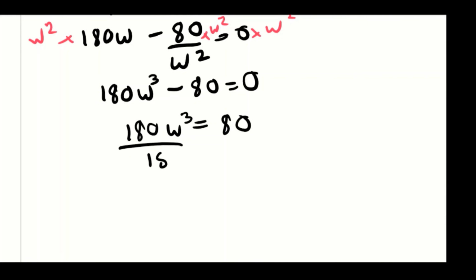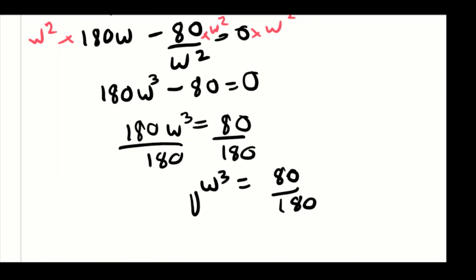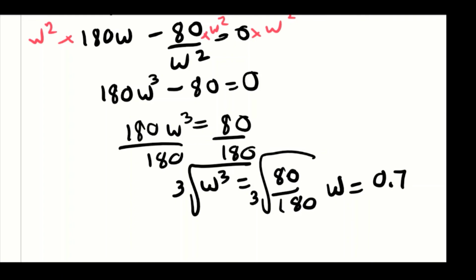Then we divide by 180, W to the power 3 equals 80 over 180, right? And then you put the cube roots on both sides, so your W is supposed to give you 0.763. So this is the width that is required in this question here.